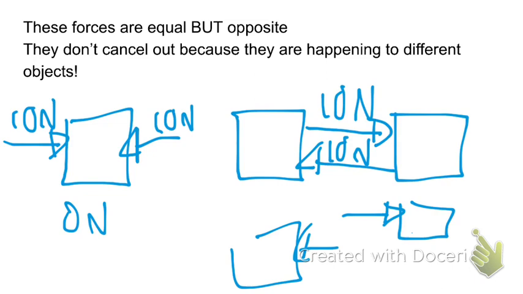In action-reaction pairs, the forces are equal in strength and opposite in direction, but they are happening to different objects. So they do not cancel each other out. We only total forces for net force on individual objects, not on systems of objects. So because they are happening to different objects, those forces do not cancel.